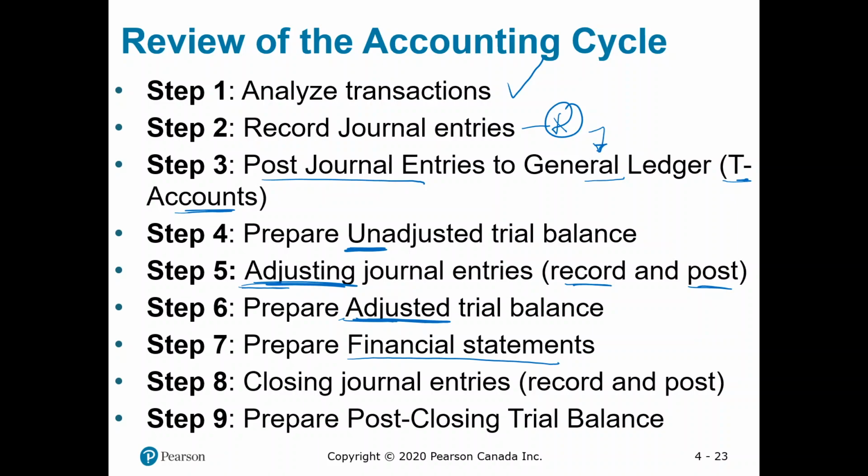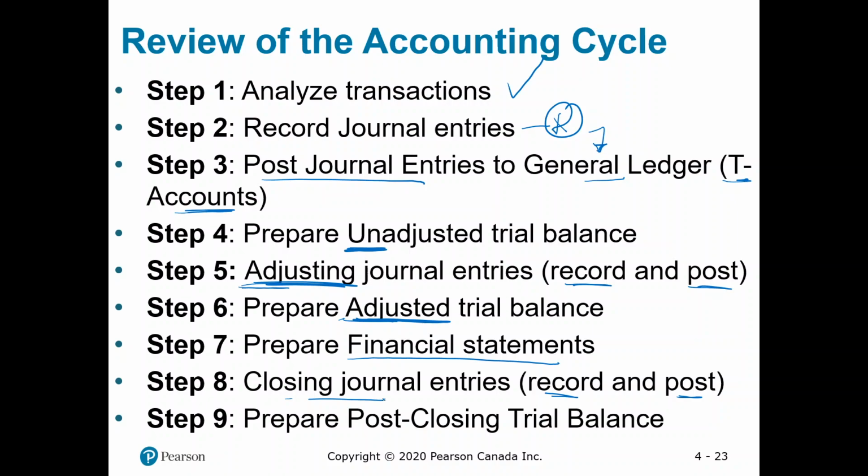Once those are prepared, we've done the full year. We now need to close our accounts, close those temporary accounts in order to get the trial balance updated for the next year. So we record and post the closing entries.